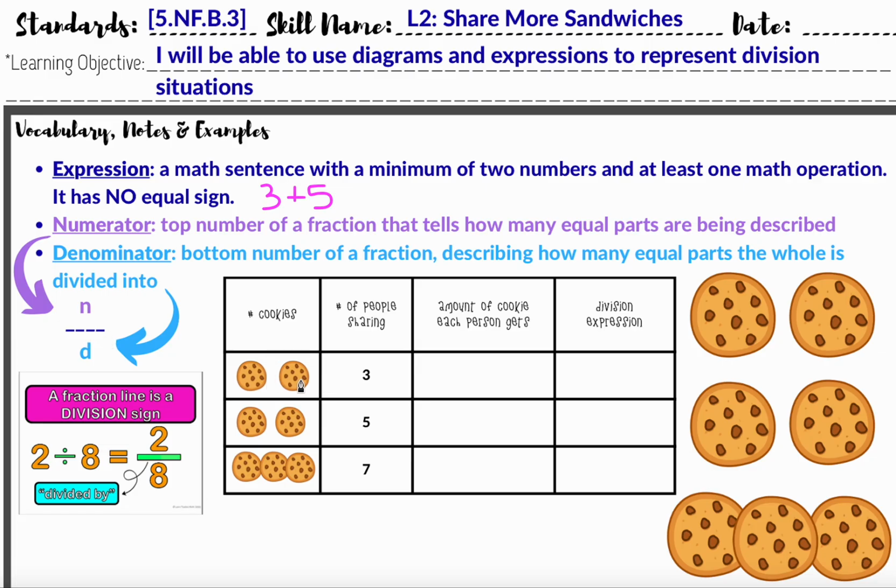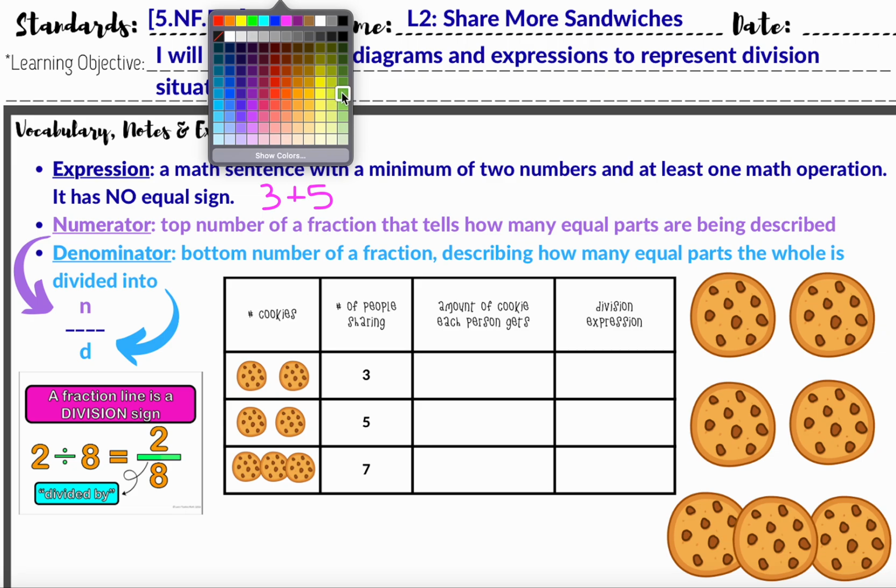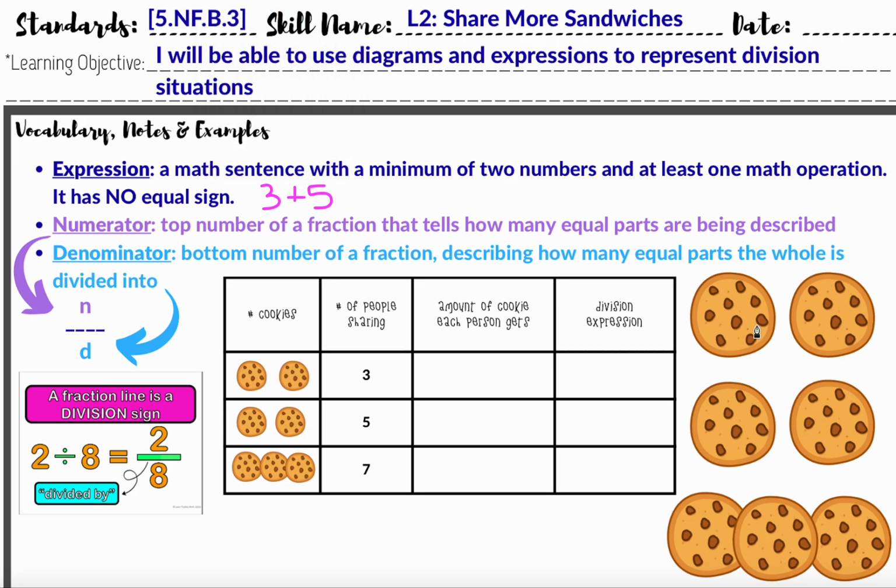We have 2 galletas, and then you divide that among 3 people. So if we use our diagrams that we've been using, I can go ahead and divide them by 3. I can just pretend they're equal parts, okay?